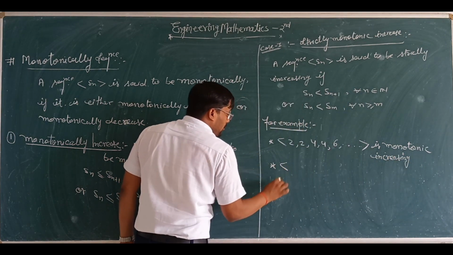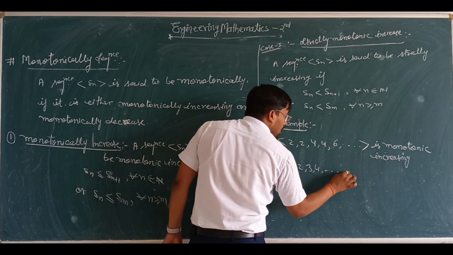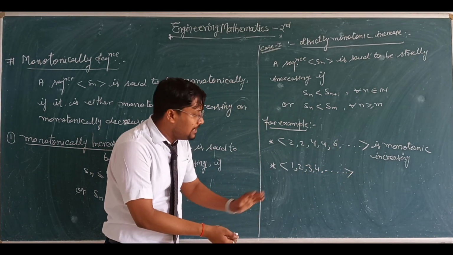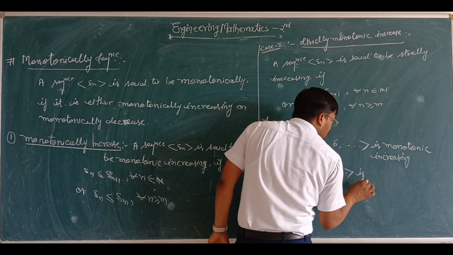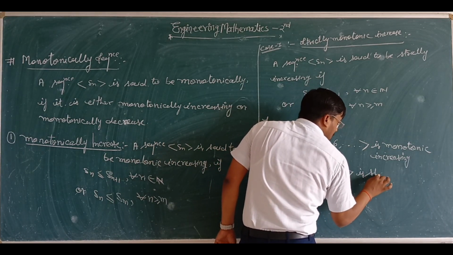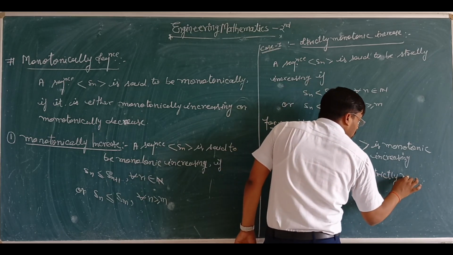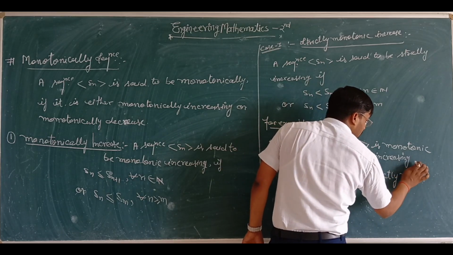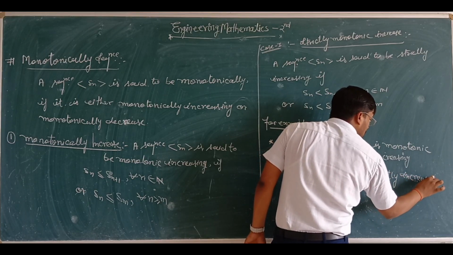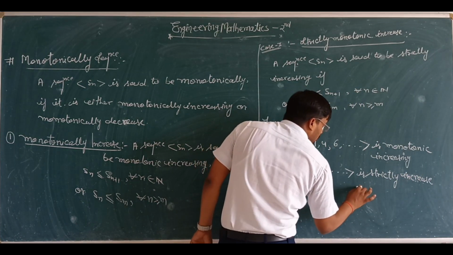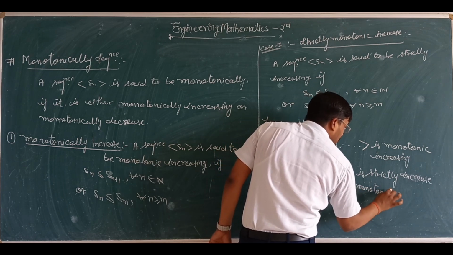Now a sequence 1, 2, 3, 4 is known as a strictly increasing, strictly monotonic increasing sequence.